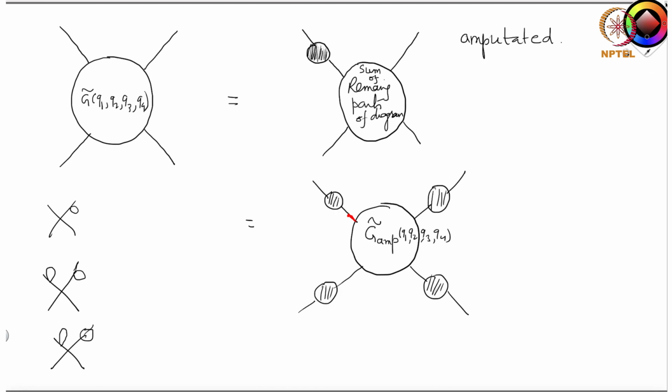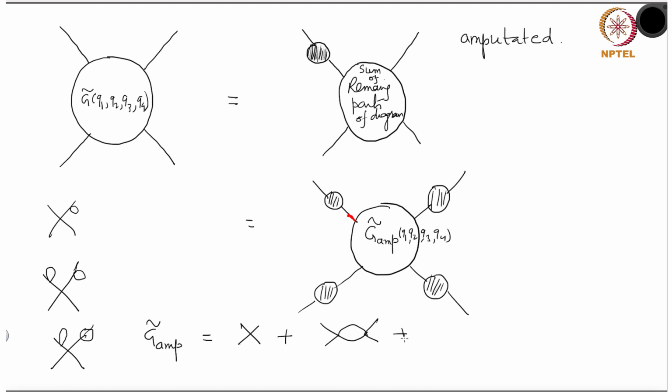Okay, so let me just write down one more time the expression for G tilde amputated, or in short amp, which is equal to a contribution like this. That's an order lambda term, then this is an order lambda square term.